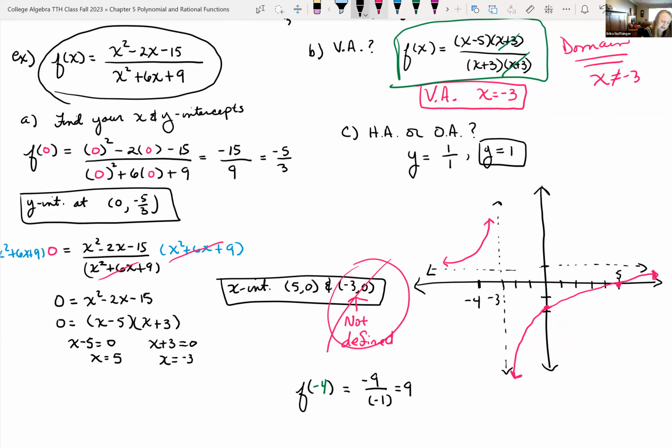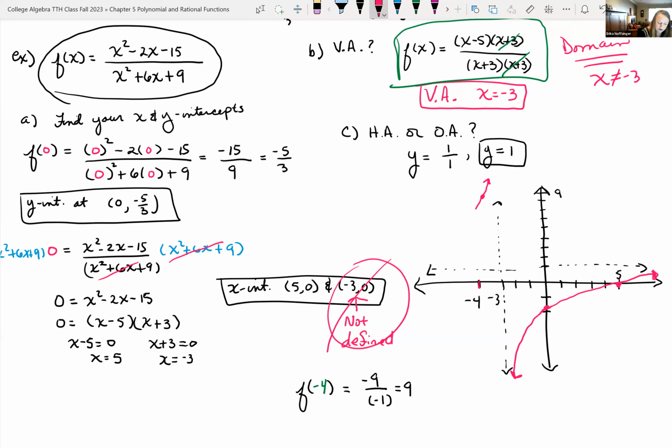So when x is -4, my y value is +9. So it'll be up here. So this is going to get closer and closer to my vertical asymptote of x equals -3.